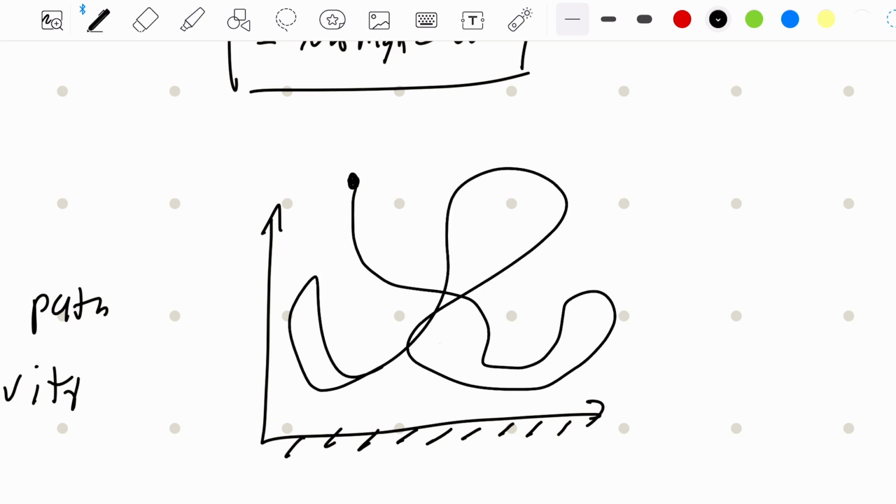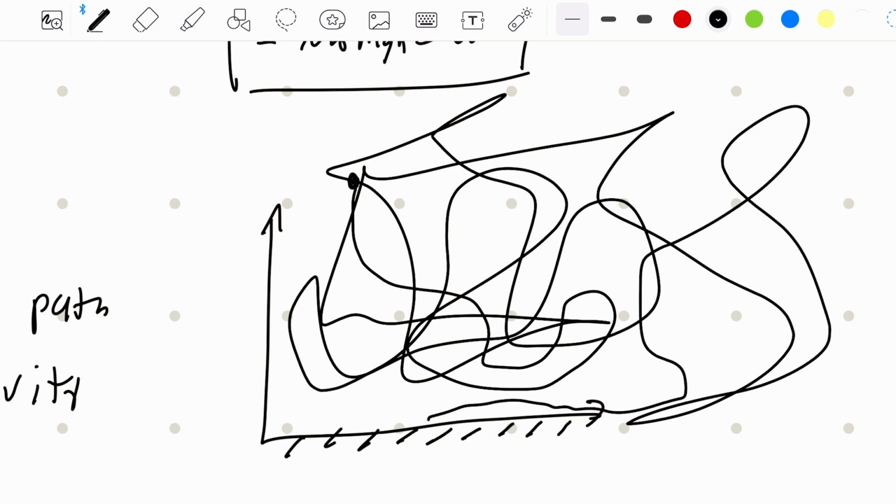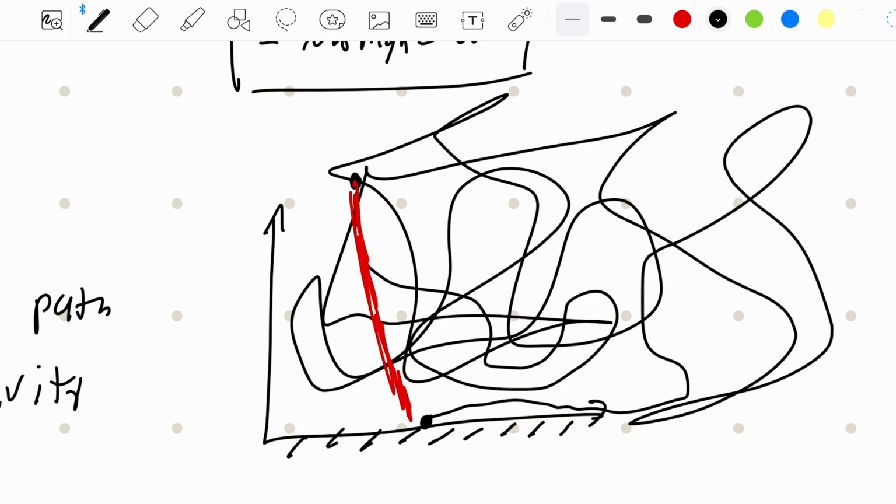It could go in a path something crazy like this, but if it ends up down here, the only thing that matters is this change in height, the initial position and the final position. Nothing else matters, and that's the basis of what a conservative work does. It means it's not path dependent. It doesn't matter how it got from this position to this position. It just did, and the only thing you need to care about is that displacement that it covered.